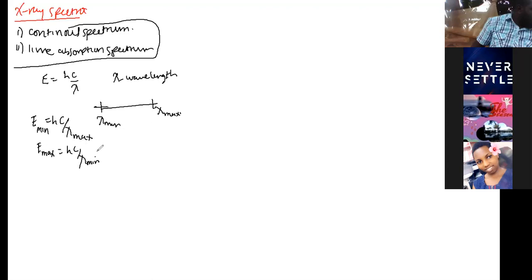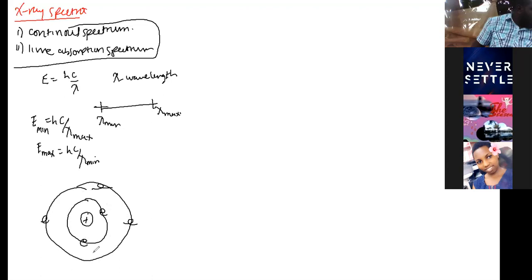Then the line spectrum is also quite interesting. In which way? The line spectrum comes as a result of electrons penetrating so deep into the nucleus of the atom, and then, boom, they knock out an electron from the innermost shell. So for example, if this is the nucleus inside the atom, then we have an electron here, another one here, an electron there, electrons here, there.